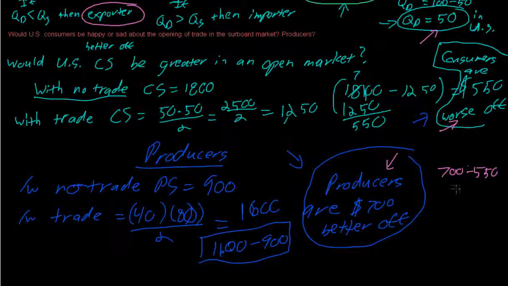So 700 minus 550 is 150. So by opening up this market to trade, the society as a whole is $150 richer. So the next video will be about a society that imports. See you there.